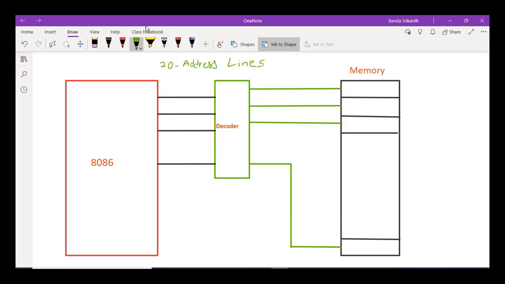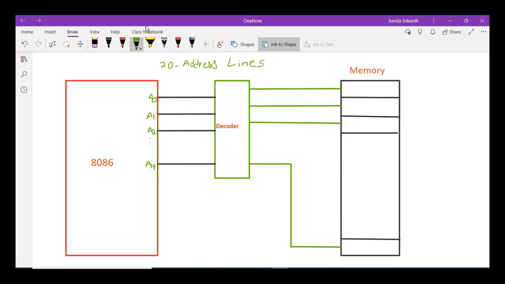Those are labeled as A0, A1, A2, and so on, up to A19. These address lines are connected through the decoder to the memory. As all of you know, the decoder has a truth table.